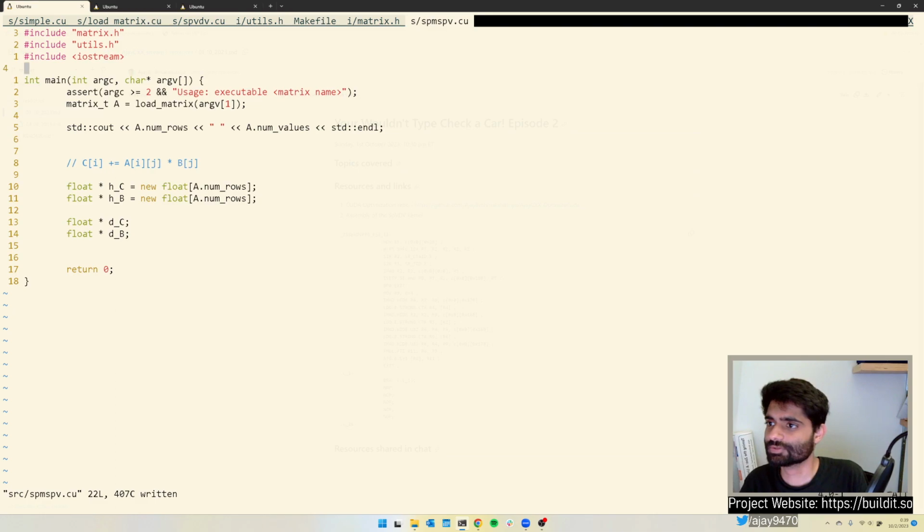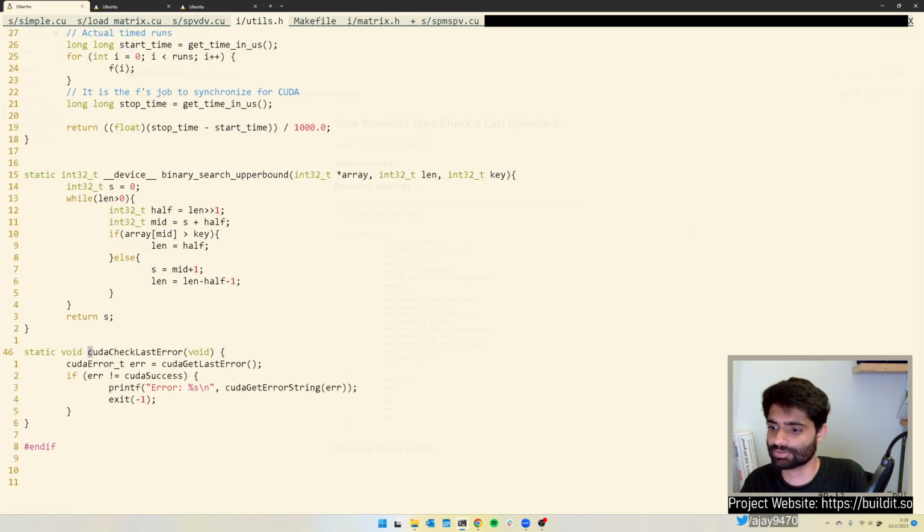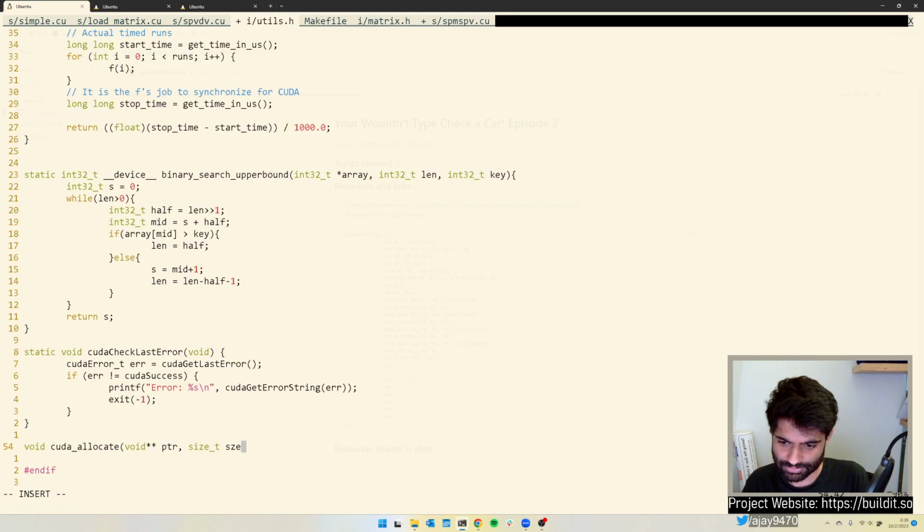Let's write a function. Actually, let's write it in the utils directory. Void underscore allocate. This can take a void star star ptr, size t size, and it should be fine for now.